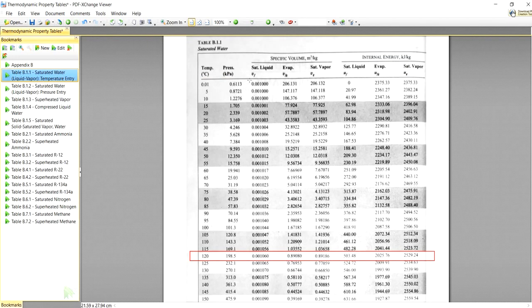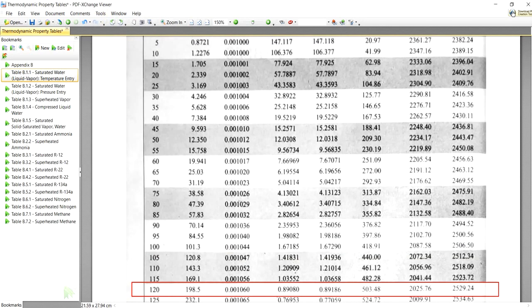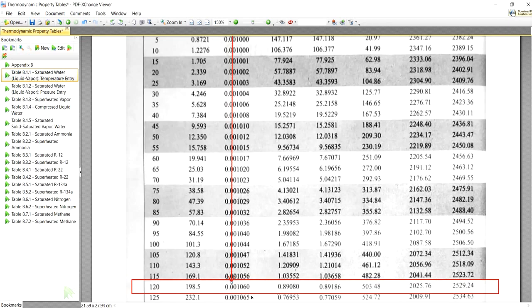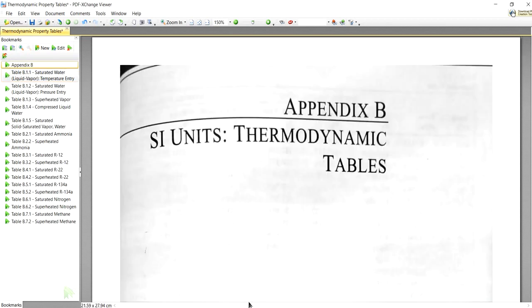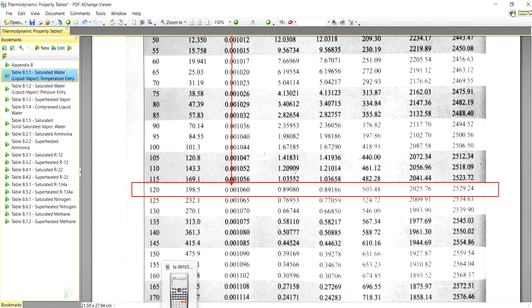So the V value is 0.001060. So I think it's just the same.